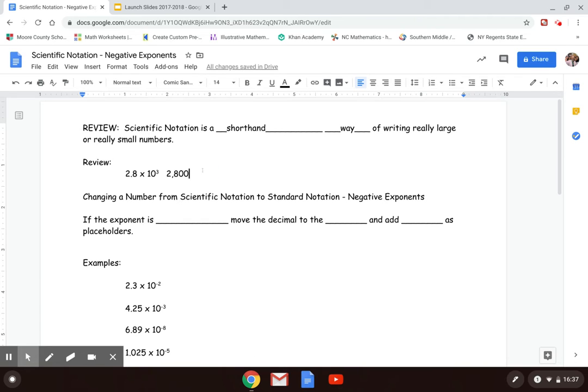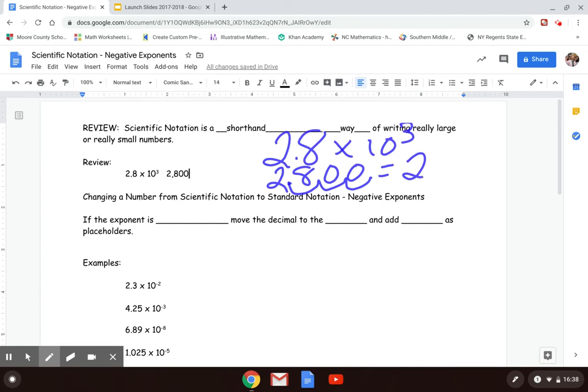In this example, we had 2.8 times 10 to the third power. I move my decimal 3 places to the right because positive exponents make numbers larger. I add my zeros for placeholders, so that gives me 2,800.